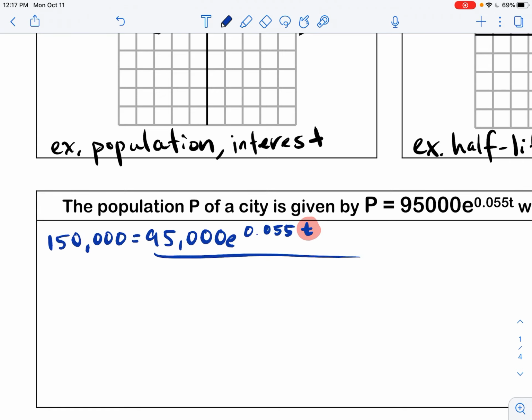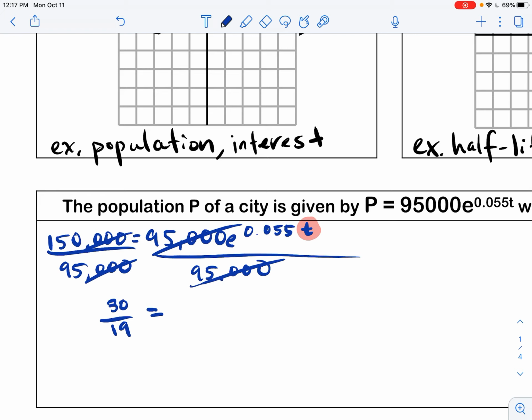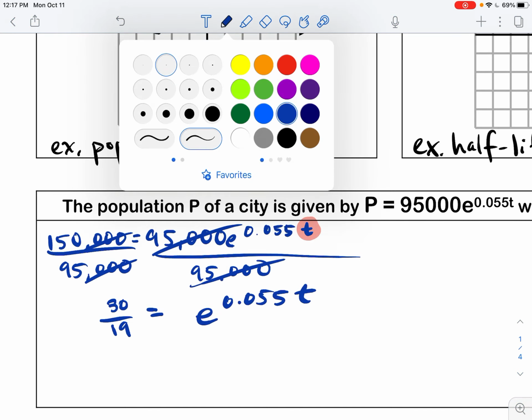So we're going to divide both sides by 95,000. And I know you might be tempted to just grab your calculator right now, but I'm going to try to simplify this as much as I can so I have an exact value. Divide both the numerator and denominator by 5, and we should get 30 over 19 is equal to this. And we learned when we're solving exponential equations, we're going to take the natural log of both sides.